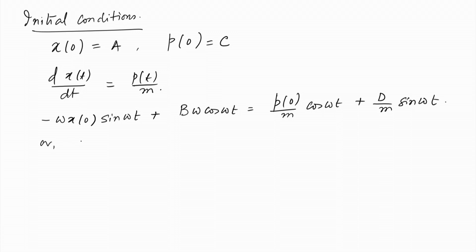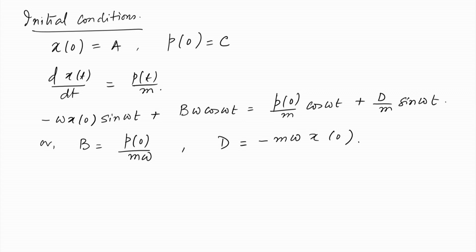So, p 0 is c. Then b becomes equal to p 0 by m omega, because of equating the coefficient of cosine terms on both sides, and equating the coefficient of sine terms on both sides, one gets that d is equal to minus m omega x at t equal to 0.